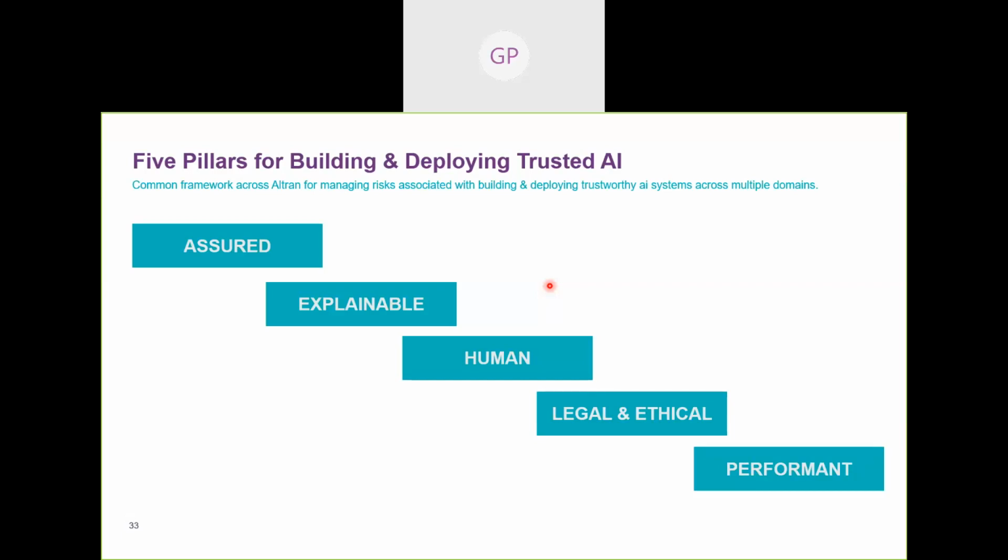The last one is performant. Performant is wherein we make sure that the model we are building is scalable. It's easily trainable through feedback loops, right?